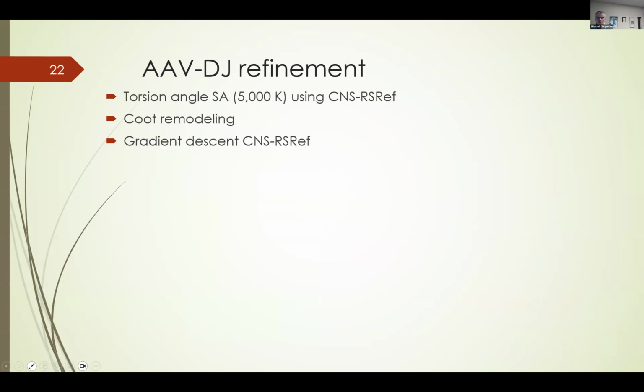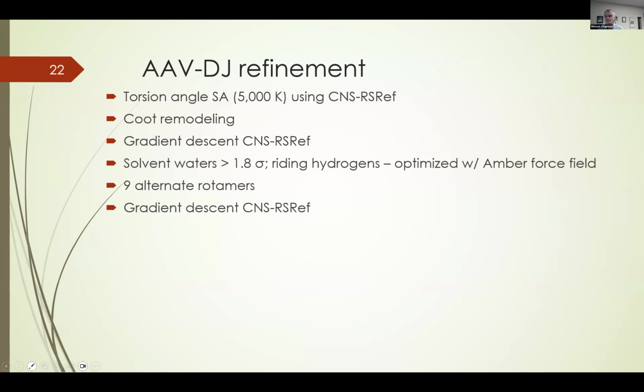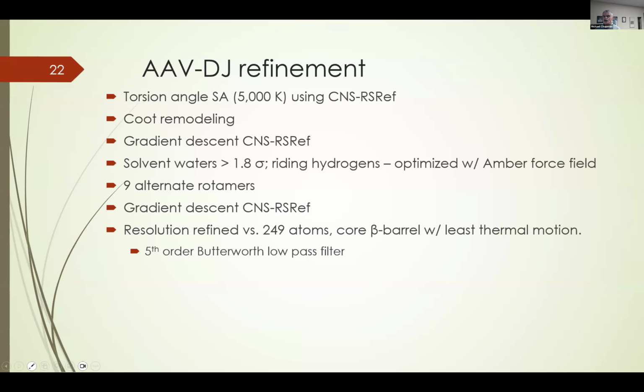So this was a multi-step refinement where we started with torsion angle simulated annealing, did some remodeling, then gradient descent refinement. We added solvent waters conservatively, and alternate rotamers, and continued with gradient descent refinement.